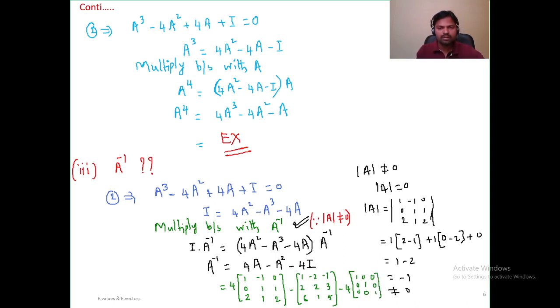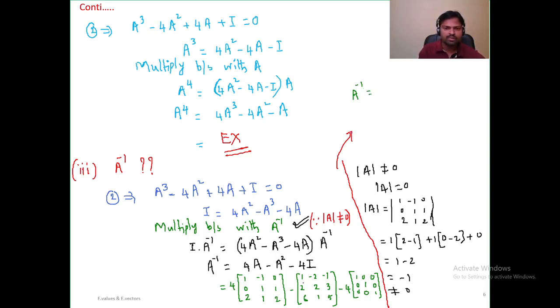Okay. So now simplify this. So finally we'll get this one as, let me write here. So A inverse is equal to, yeah, simplify now.